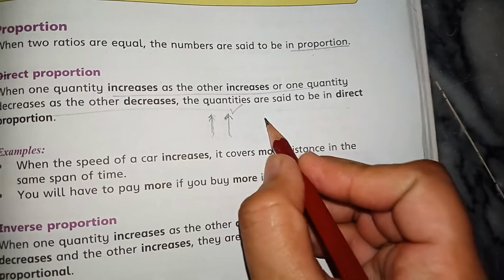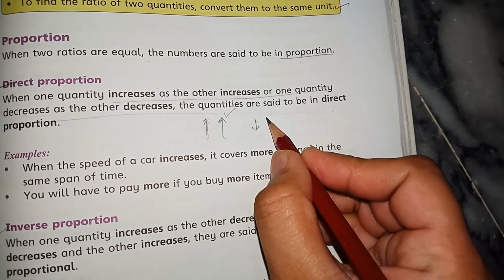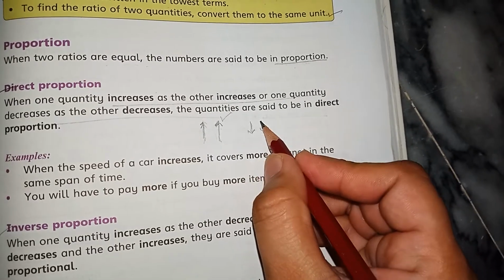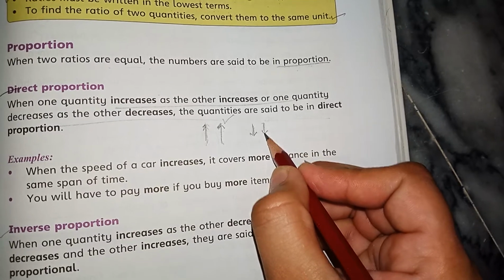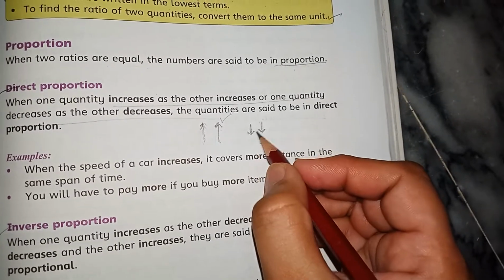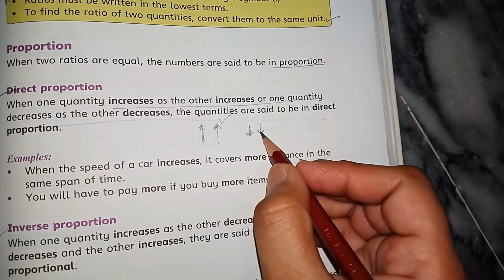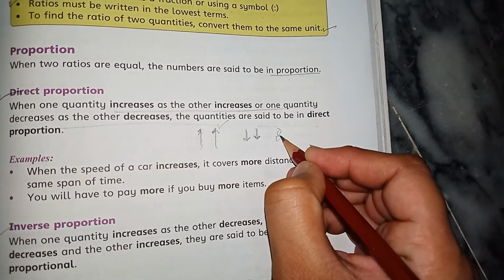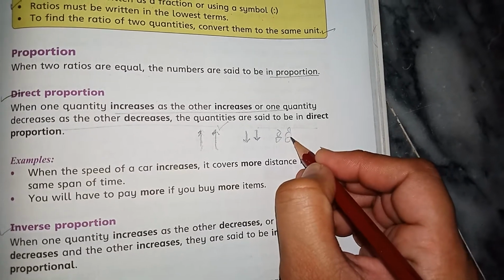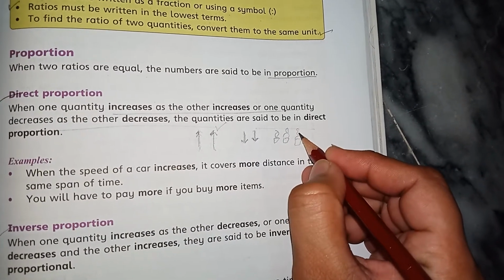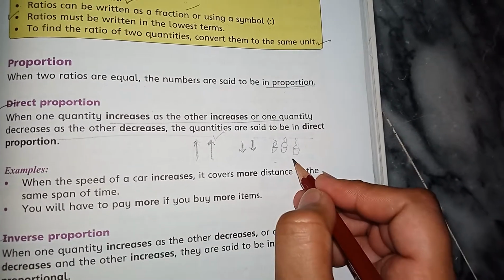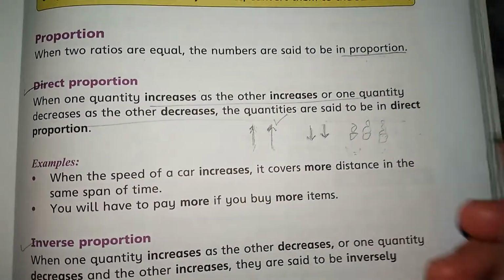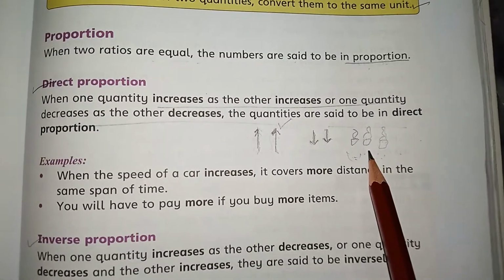If you are adding less sugar, then you will use less milk. So there is a decrease in the first quantity and also in the second quantity. Here is another example. If you want to make more cupcakes, you will need more material, and if you want to make fewer cupcakes, you will need less material. So this is also called direct proportion.